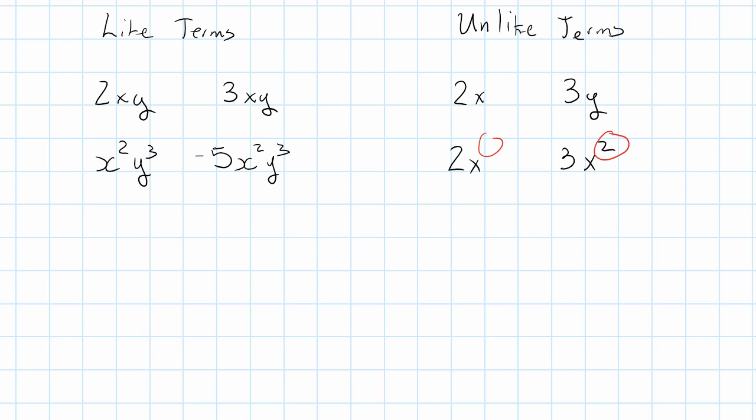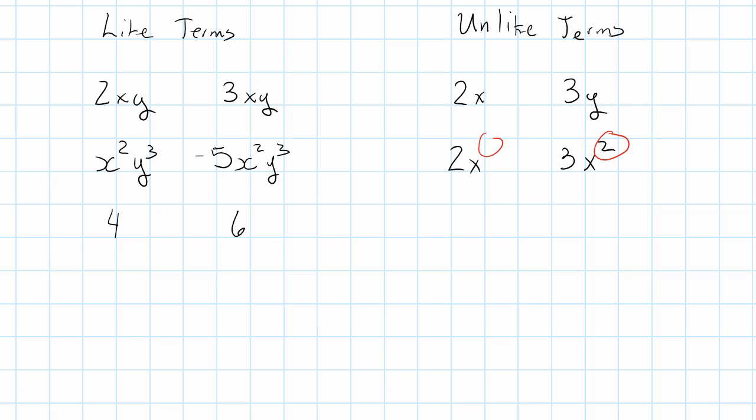Another example of a pair of like terms are, for example, 4 and 6, right? Neither one of them has any variable part. Nothing and nothing are identically the same. So those are also like terms.